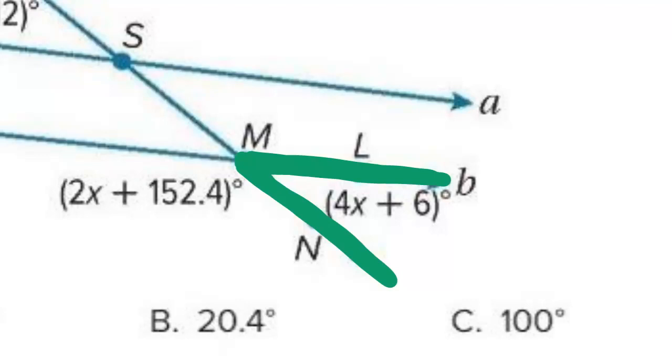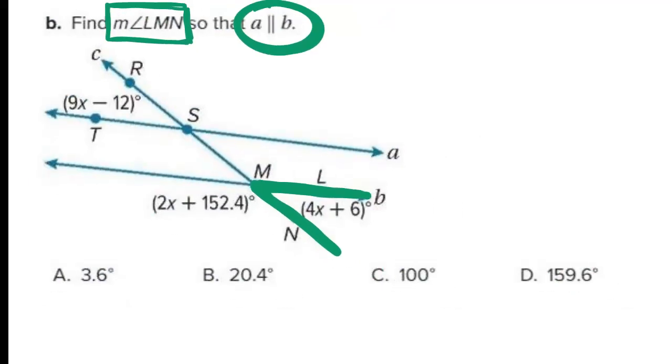If I'm going to show that A is parallel to B, that means one of my angles needs to touch line A, and the other one needs to touch line B. What angle do we have that touches line A?